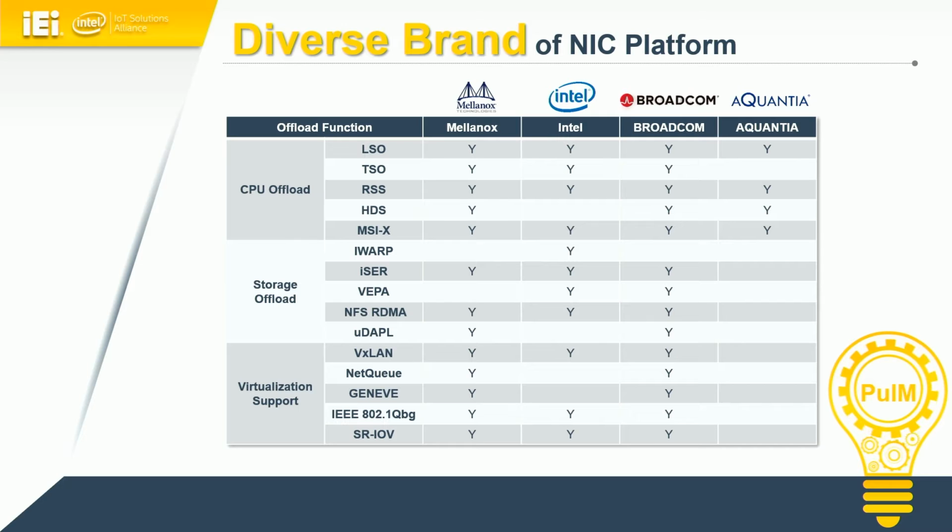So from the table we can see, in order to reduce the system's CPU consumption and improve performance, the function support varies by NIC brand, so you can choose the product that best meets your requirements.